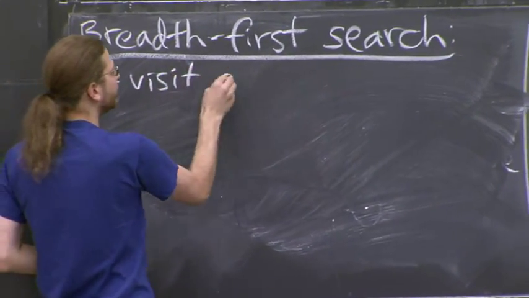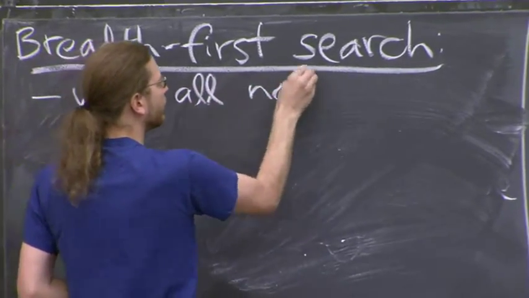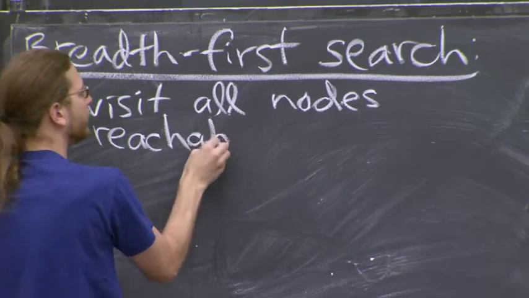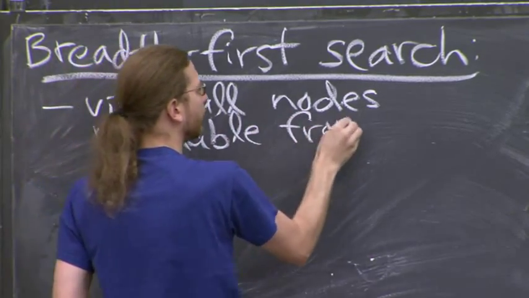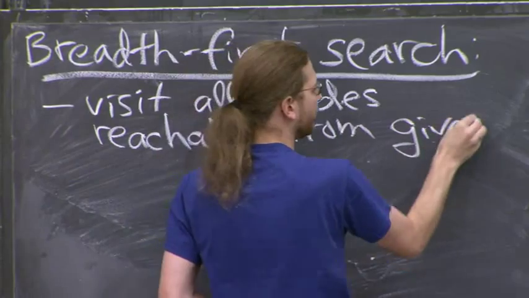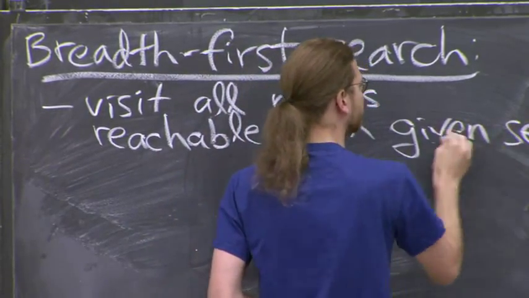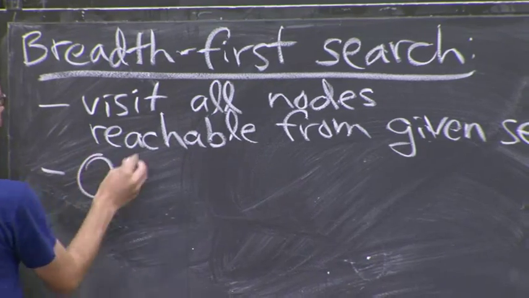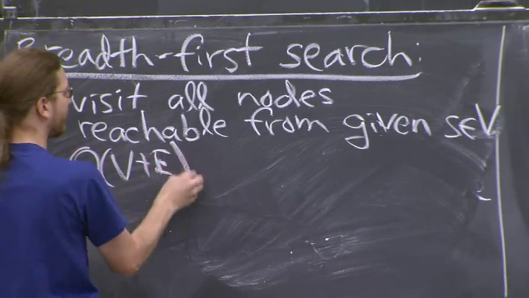So our goal is to visit all the nodes, vertices reachable from given node S. We want to achieve V plus E time.